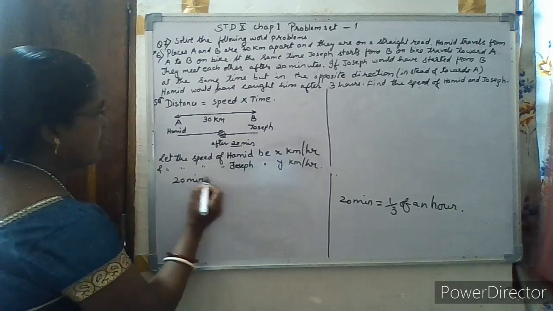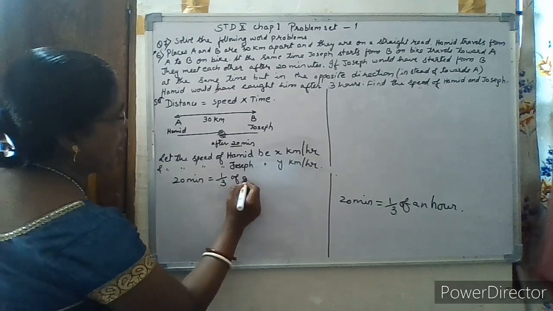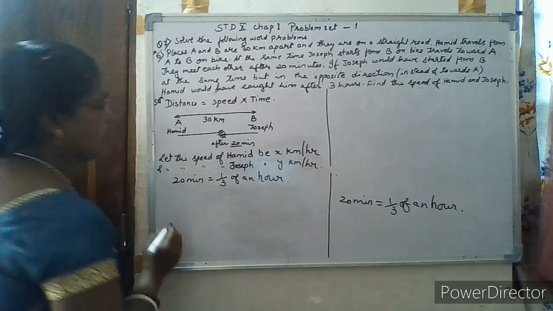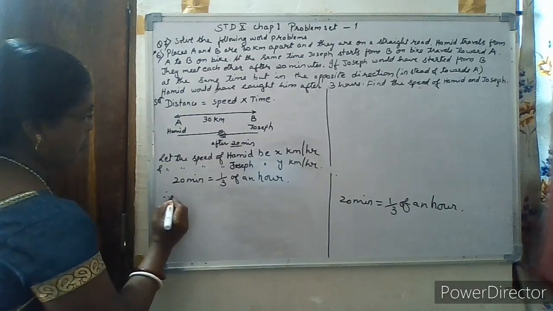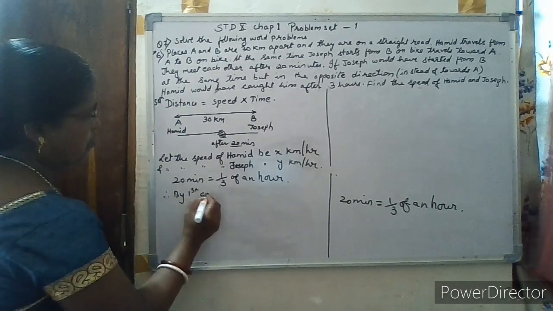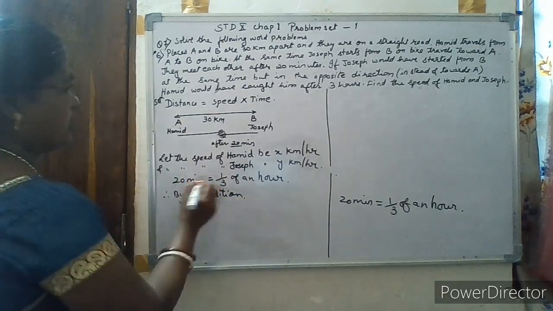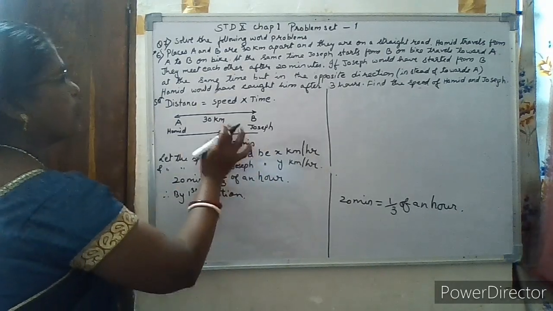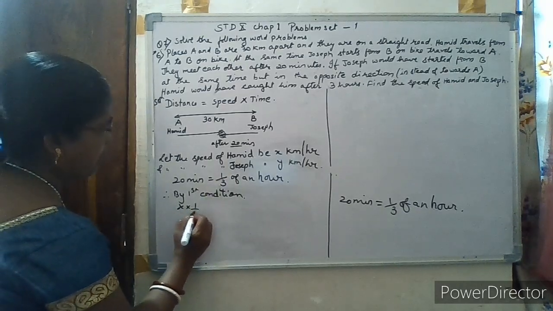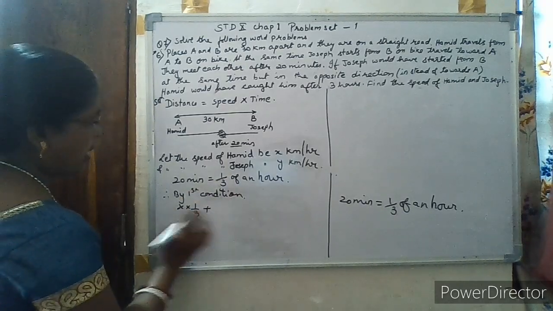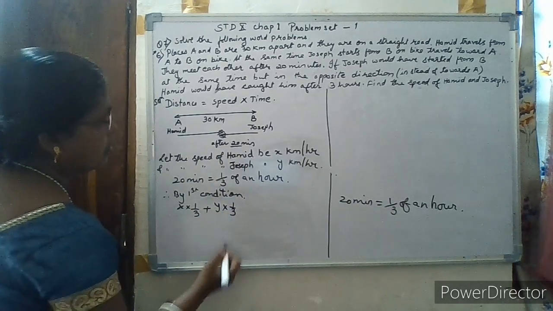Therefore, by the first condition, the distance traveled by Hamid is speed into time, that is x into 1/3, plus the distance traveled by Joseph, y into 1/3 of an hour.